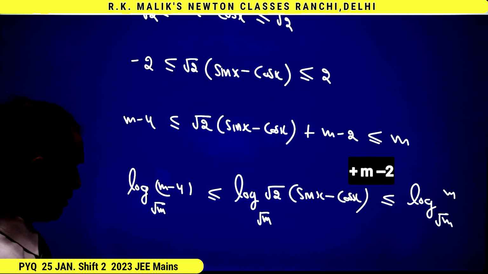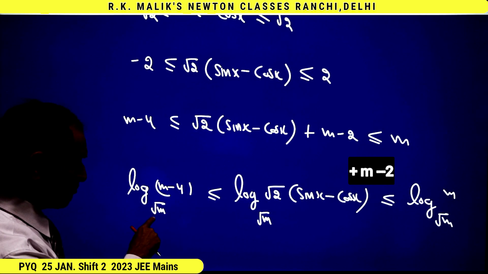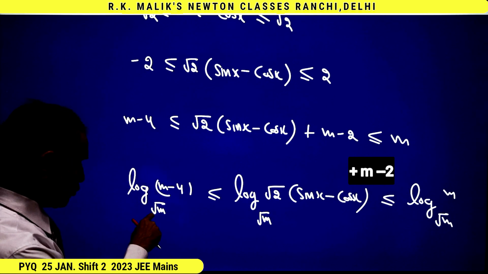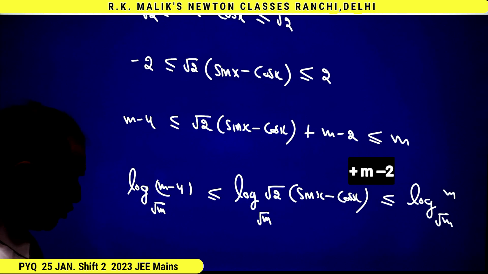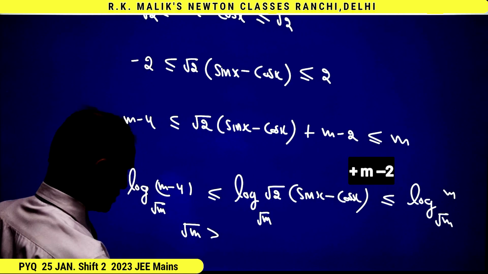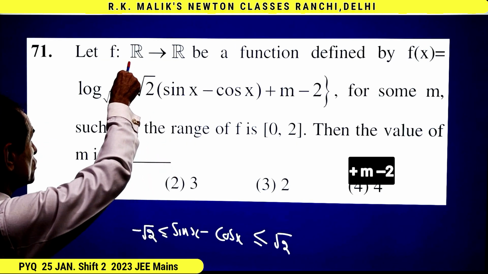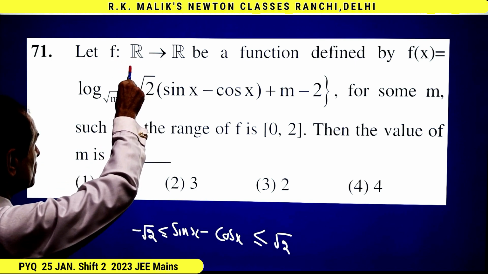But some other students may be thinking that before taking log with base under root m, I must consider two cases: under root m lying between 0 and 1 and under root m greater than 1. But no, it is sure that under root m is greater than 1 because the domain of the function is given to you as R, means x is allowed to take every real value.